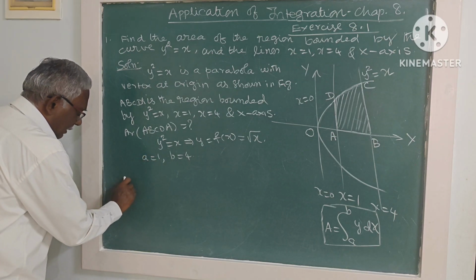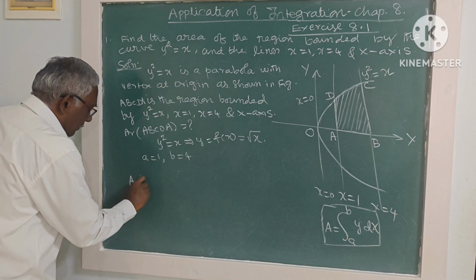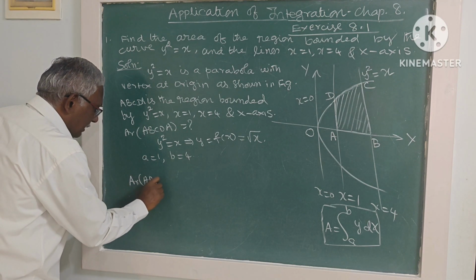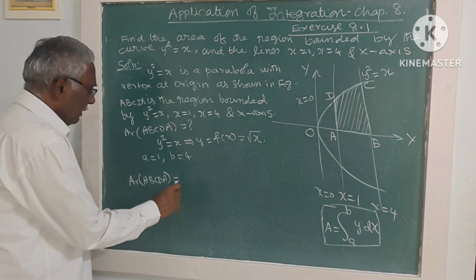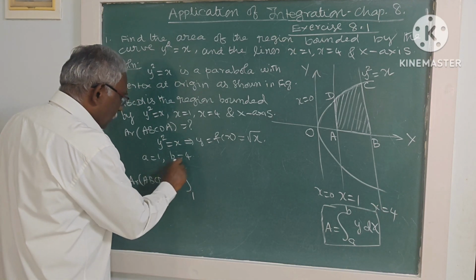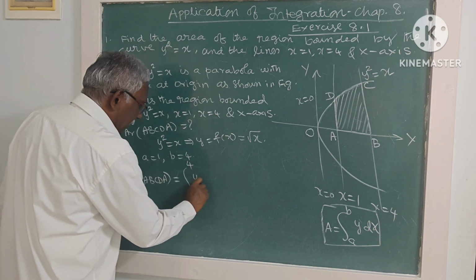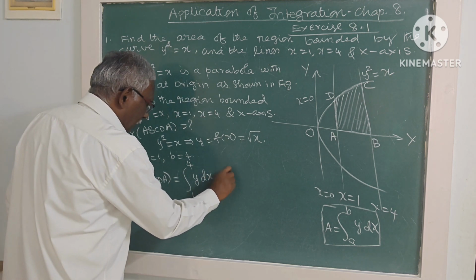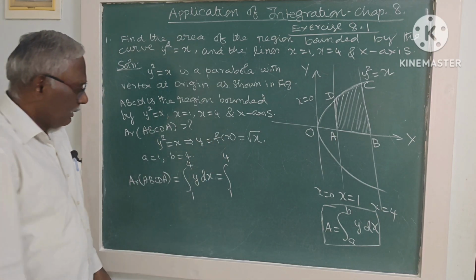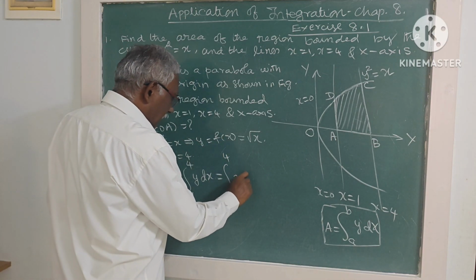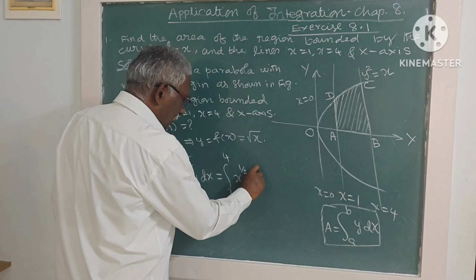So area of ABCDA is equal to integral 1 to 4 y dx. What is y? Y is root x. Root x is x power half dx.